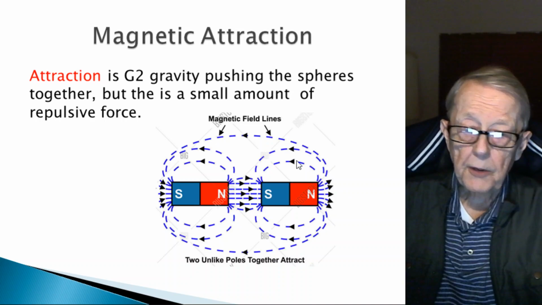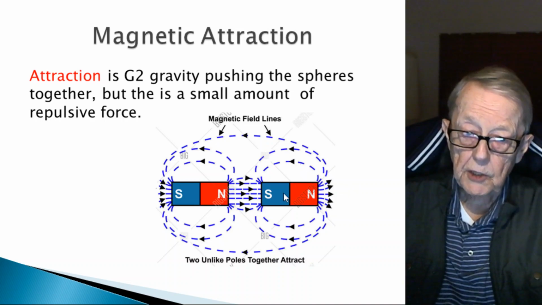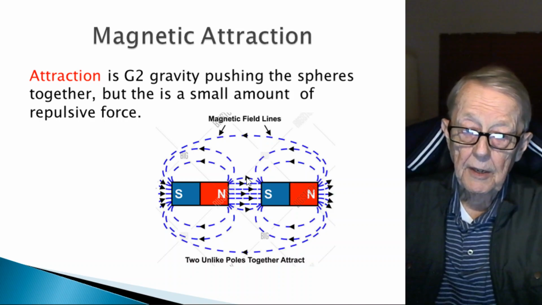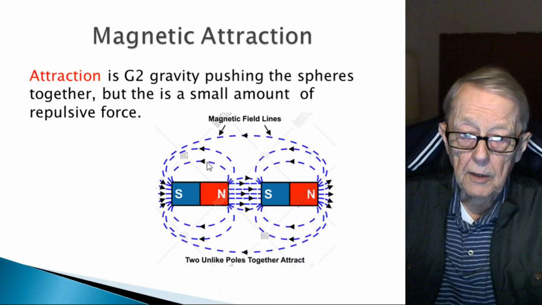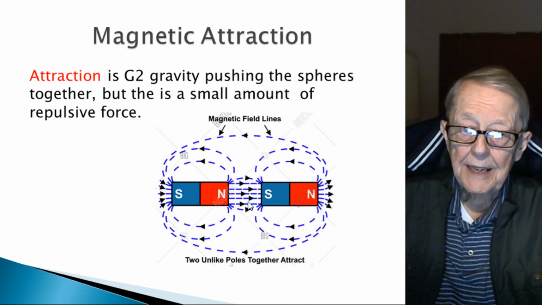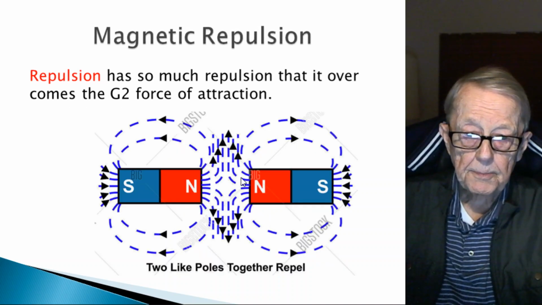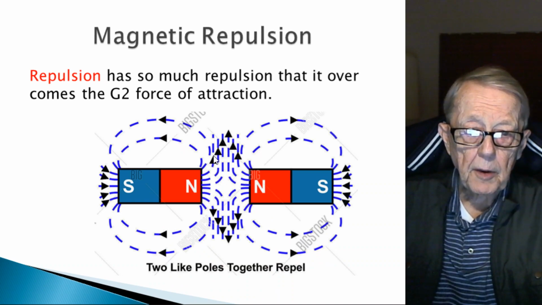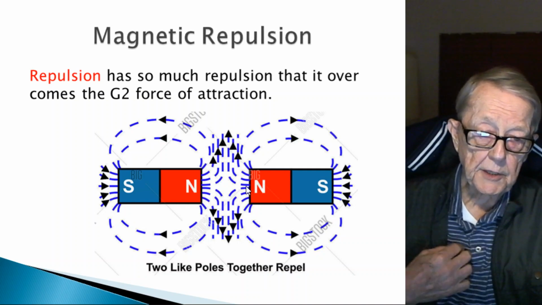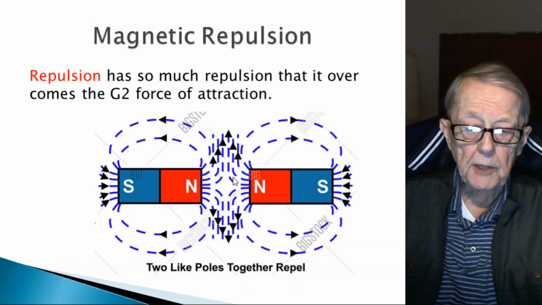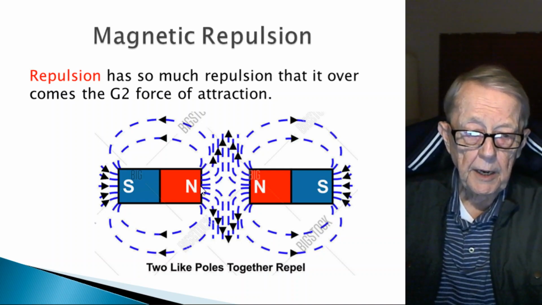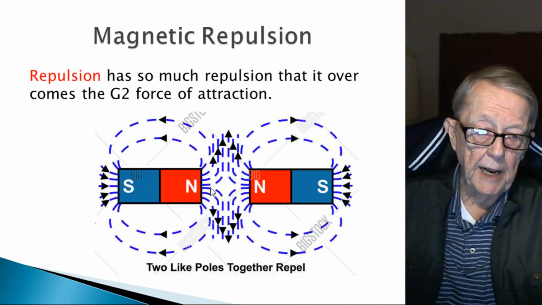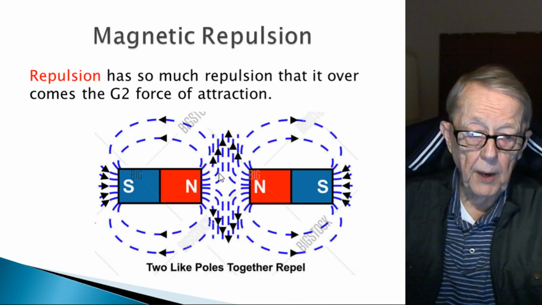So the attractive force is not just G2 force pushing it together. It's a combination of pushing force and a repulsive force. And for repulsion is pretty obvious, especially in this case. Unfortunately, these arrows are drawn like conventional current and not in the particle model, because in the particle model, the flow of G1 is actually from north to south and around the other way.